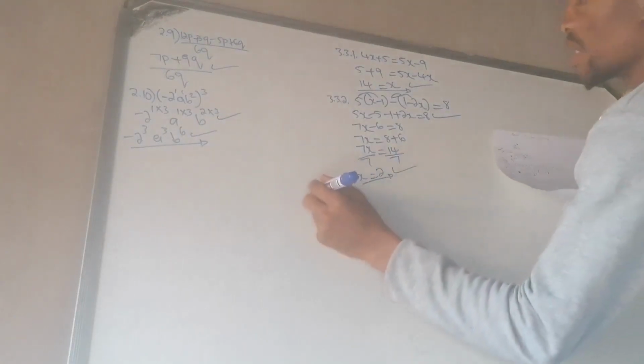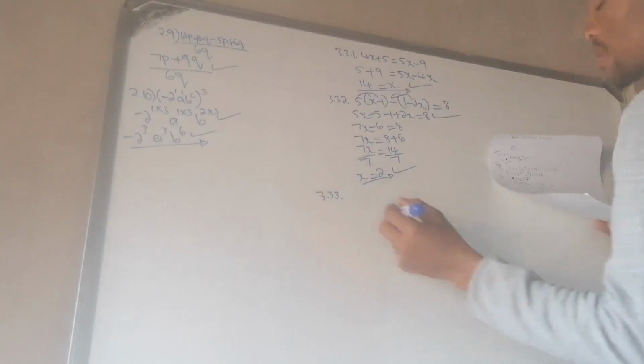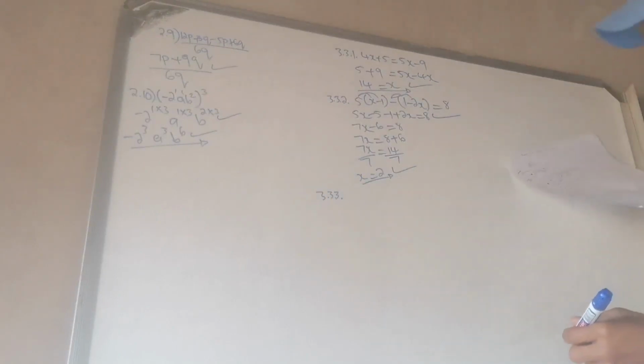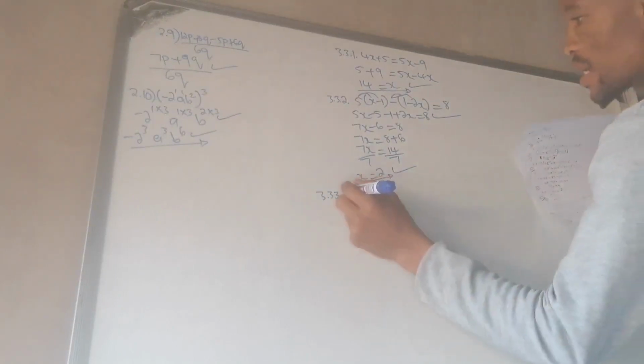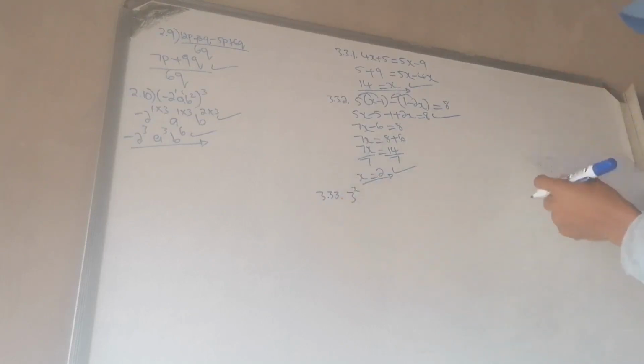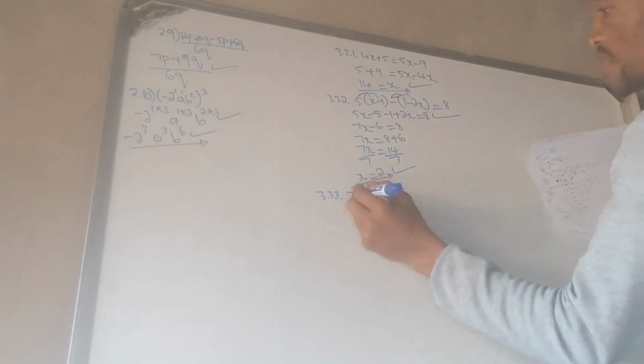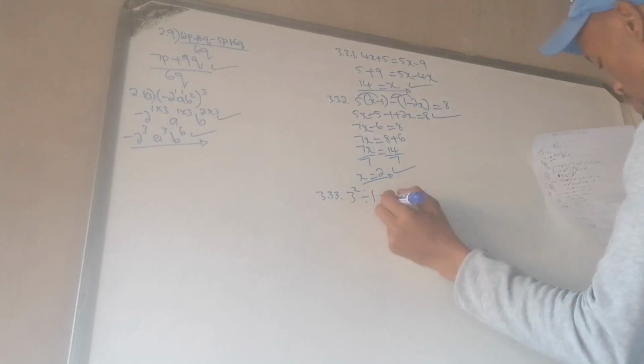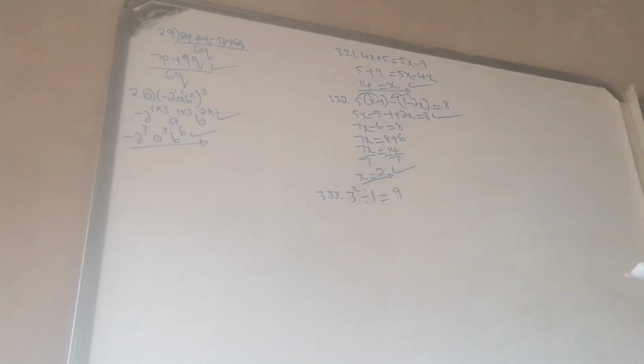3.3.3: 3 exponent x divided by 1 equals 9. Anything divided by 1, the answer is that.